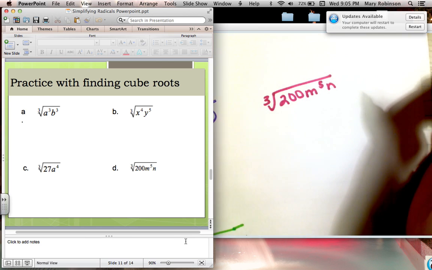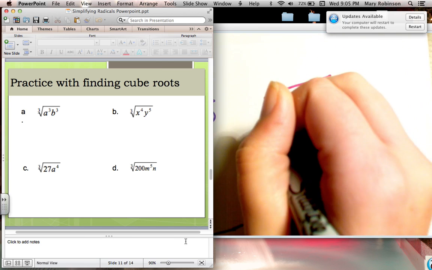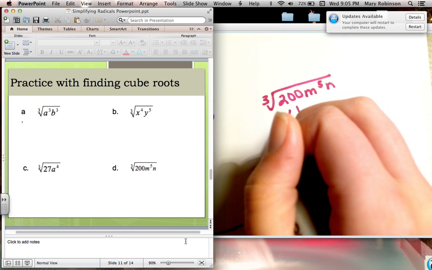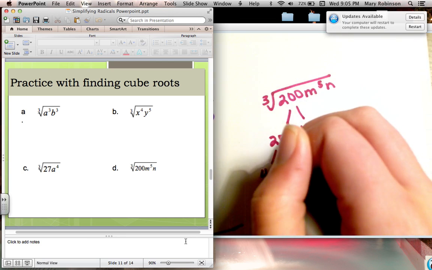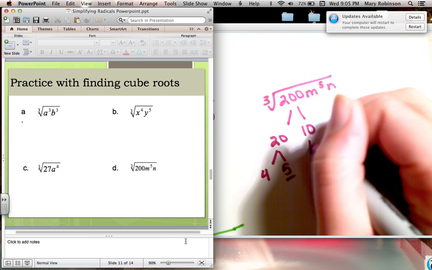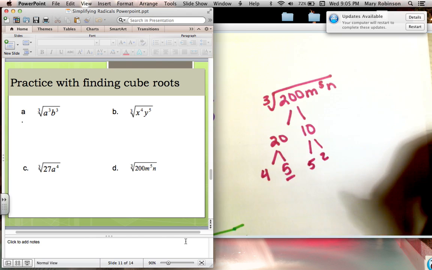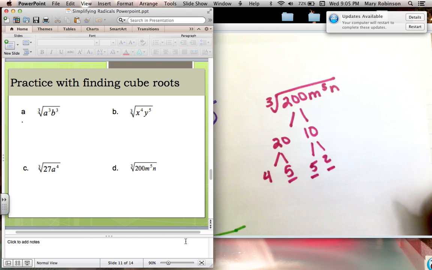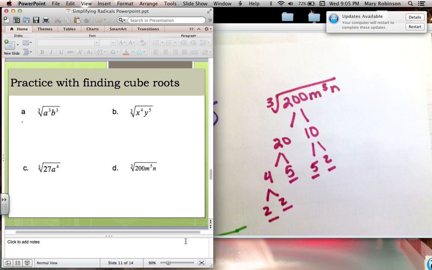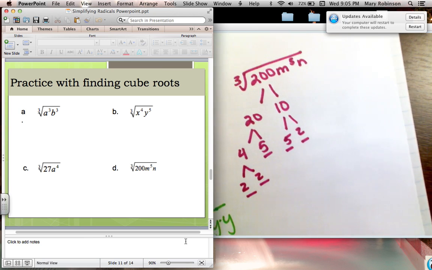Okay, so we break down 200. We get 20 times 10. Neither of those are prime numbers. Here we get 4 times 5. 5 is a prime number. Underline it. Here we get 5 times 2. Both of these are prime numbers. And 4 breaks down to 2 and 2. Both prime numbers.